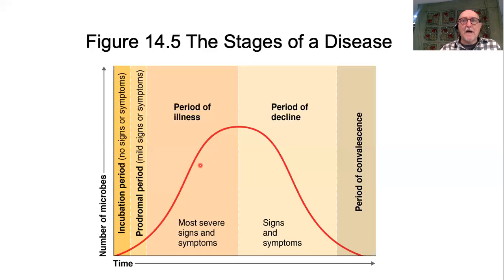After about 5 to 10 days, usually, the immune system has produced enough antibody and its response is strong enough that it begins to eliminate the virus, and the signs and symptoms begin to decrease. You may still be feeling rocky, but eventually you reach a point where you're very distinctly healing, and that's the period of convalescence.